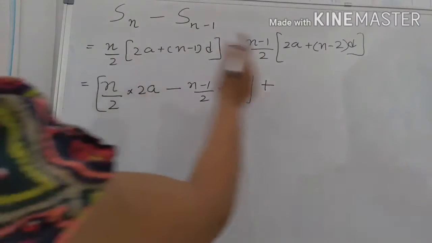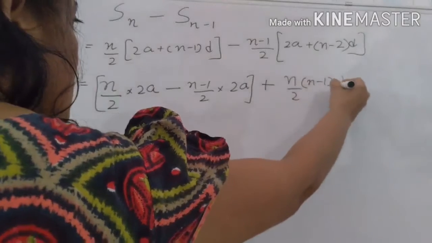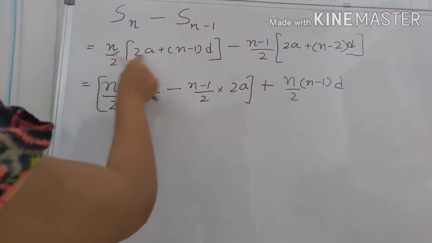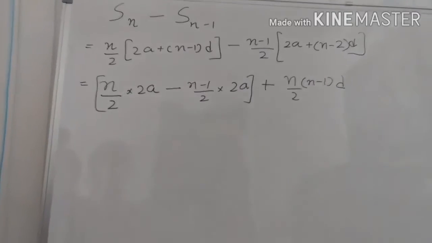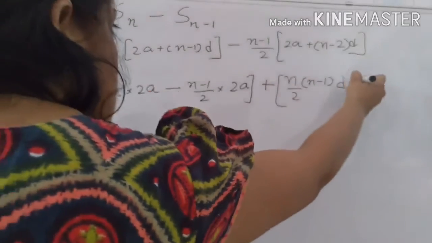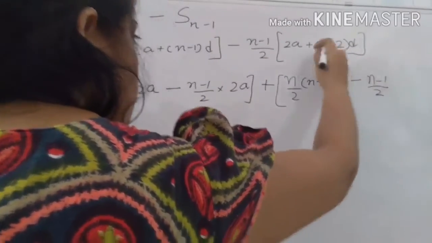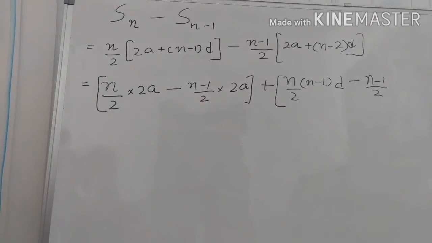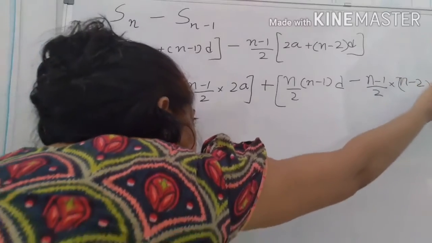Then n by 2 into (n minus 1) into d, means n by 2 multiplied by the second term of this bracket, and the next is minus (n minus 1) by 2 multiplied with (n minus 2) into d.